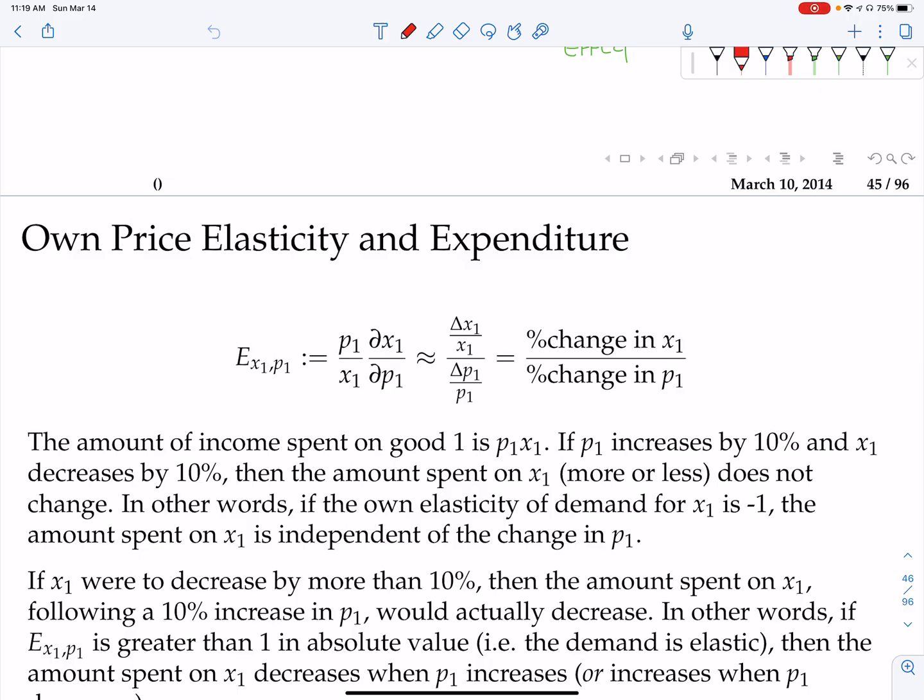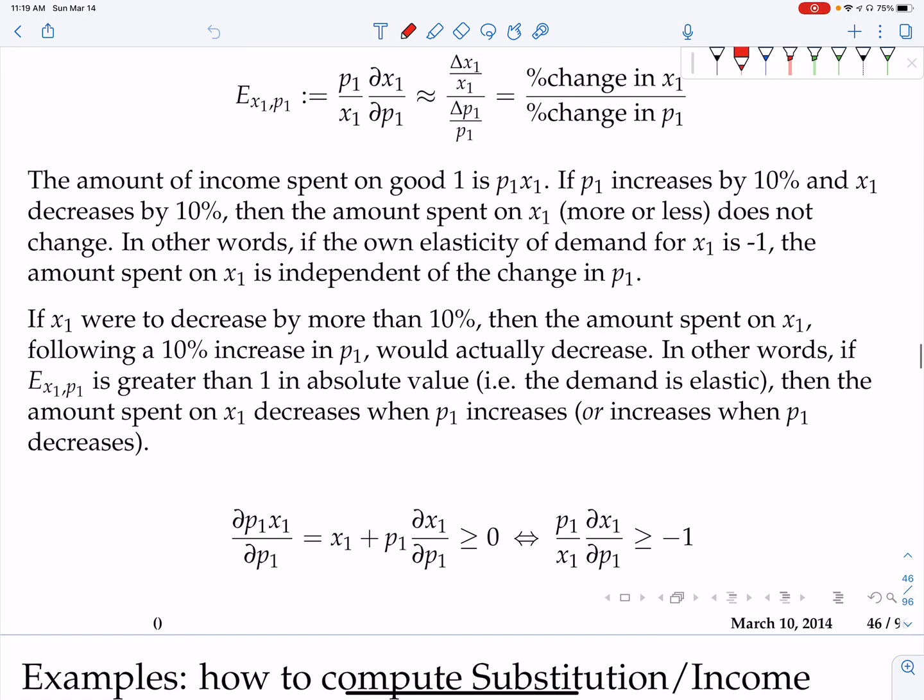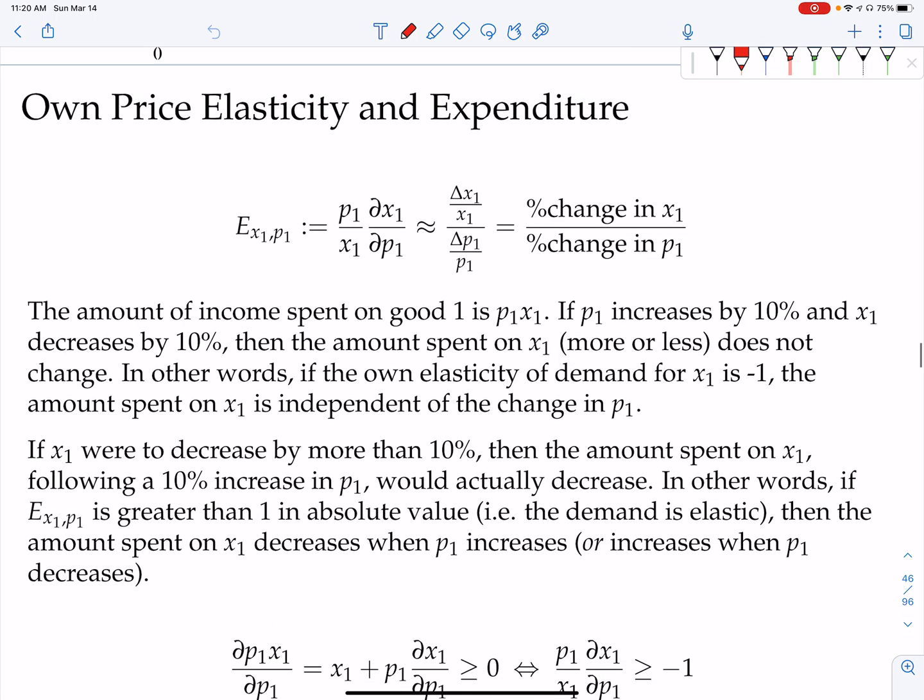So this is how you define the price elasticity: percent change in quantity versus percent change in price. Suppose this is -1. In other words, when price goes up by 1%, quantity goes down by 1%.